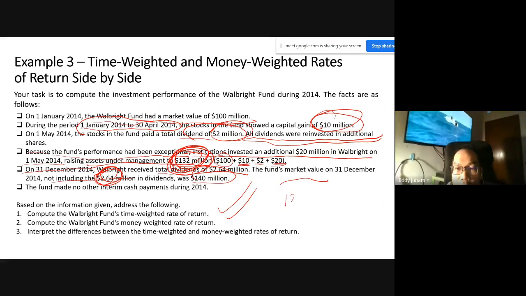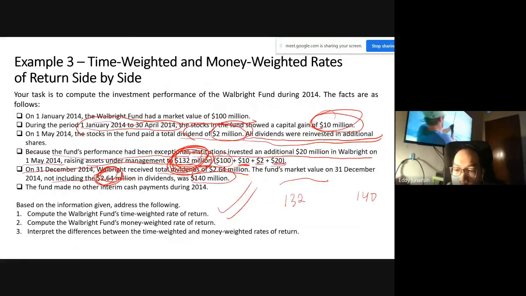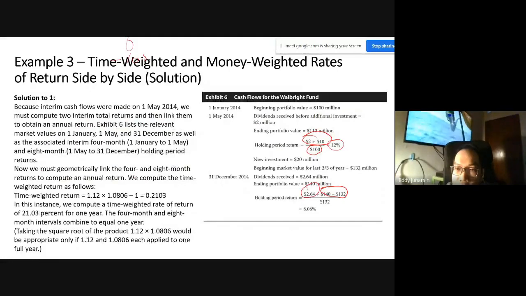We started at 132 in May. We ended with 140. How much was it then? 8, sir. 8, okay. So 8 plus the dividend, 264 out of 132. Remember, we started with 132 in early May.